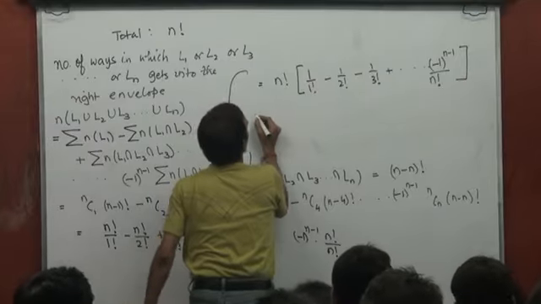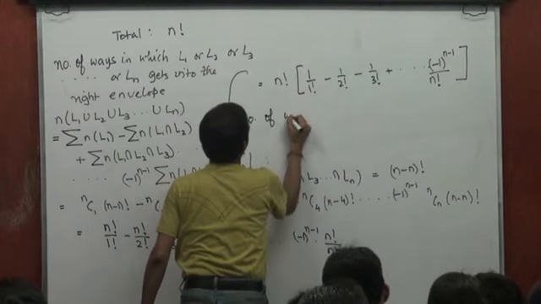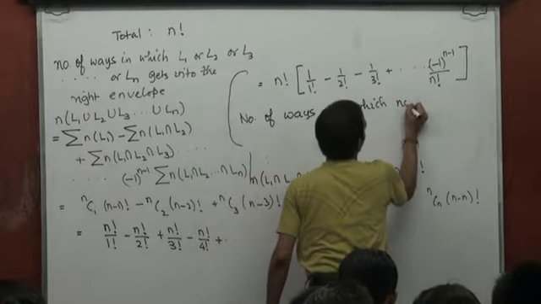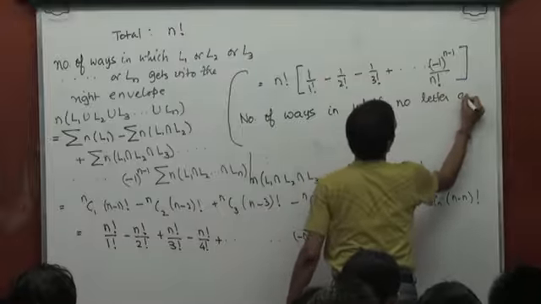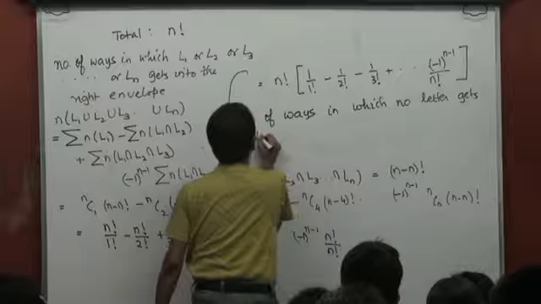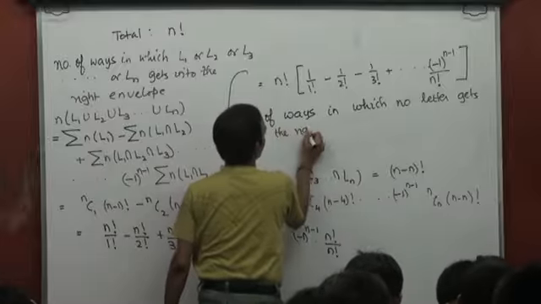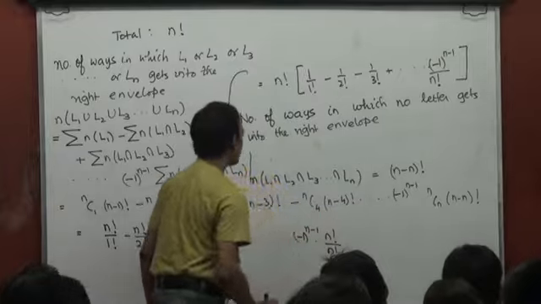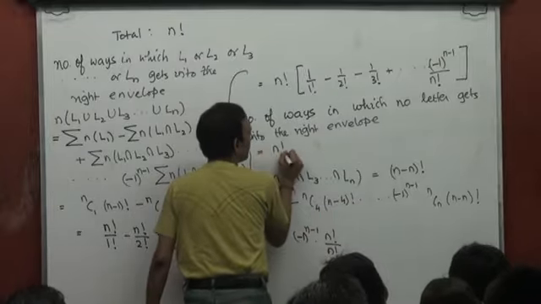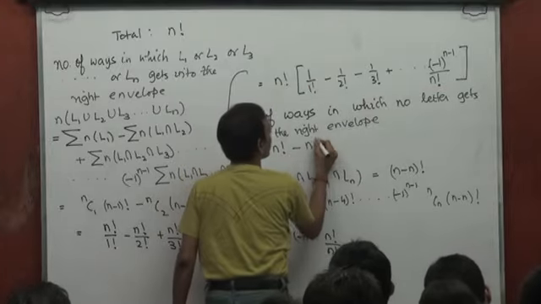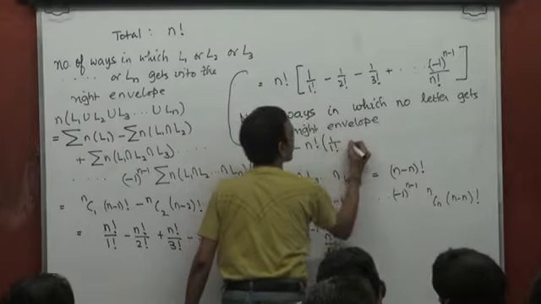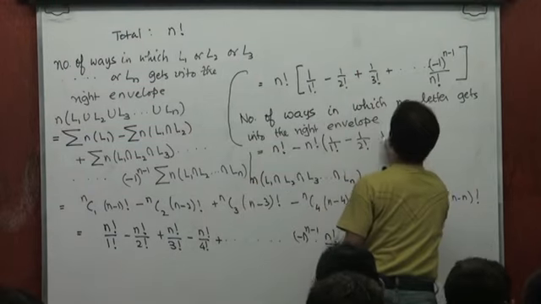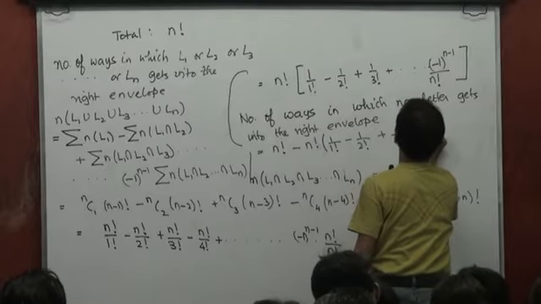So the number of ways in which no letter gets into its right envelope is total n factorial minus this, which is n factorial into (1 minus 1 plus 1 by 2 factorial minus 1 by 3 factorial plus 1 by 4 factorial).